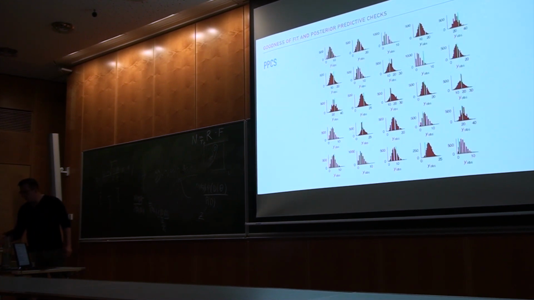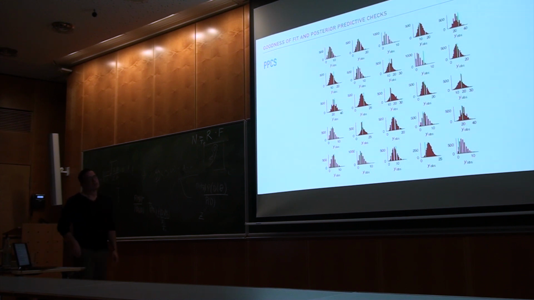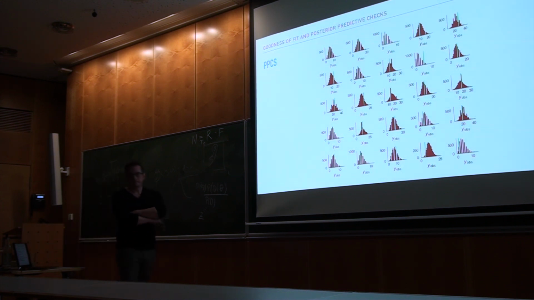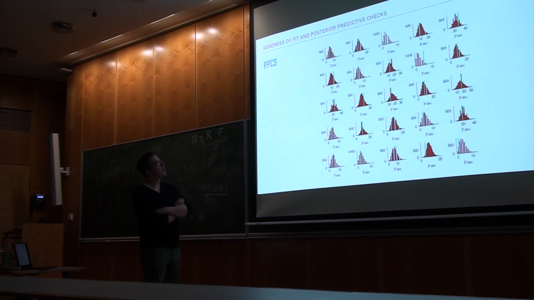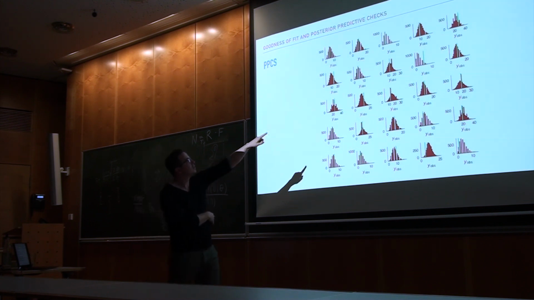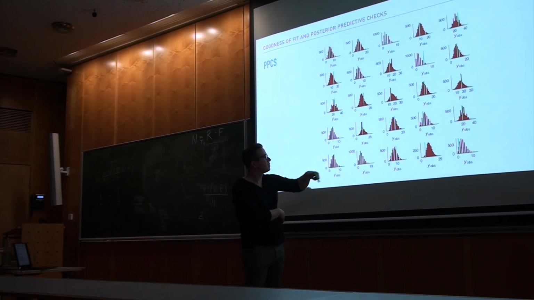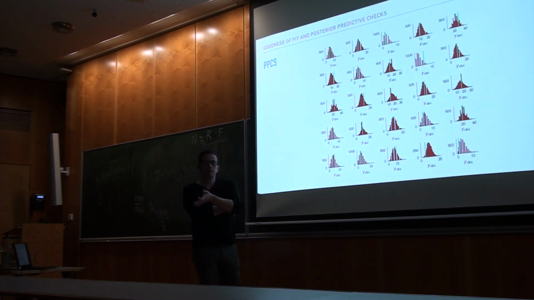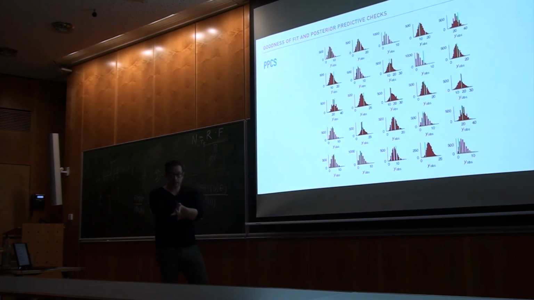Can you learn something from the fact that for some of the observations, the value that you get has nothing to do with the distribution, like the second row, second last column? Can you use that information for improving your model? Yes.